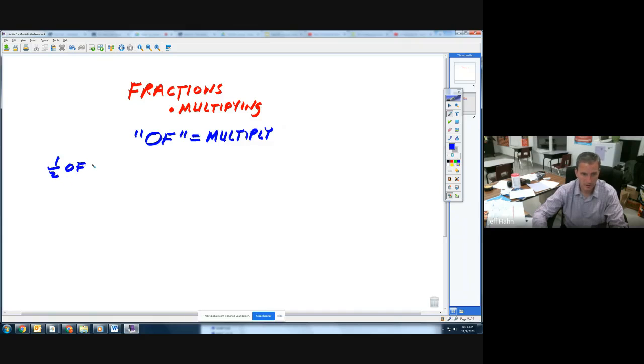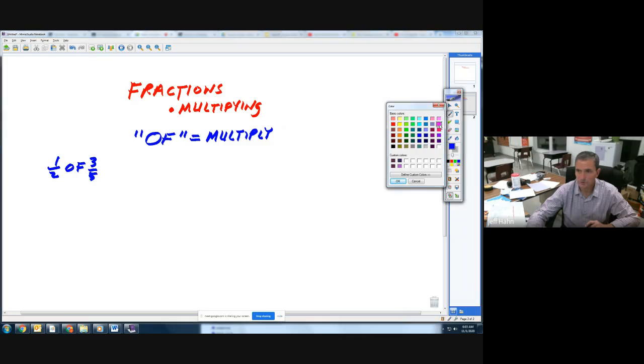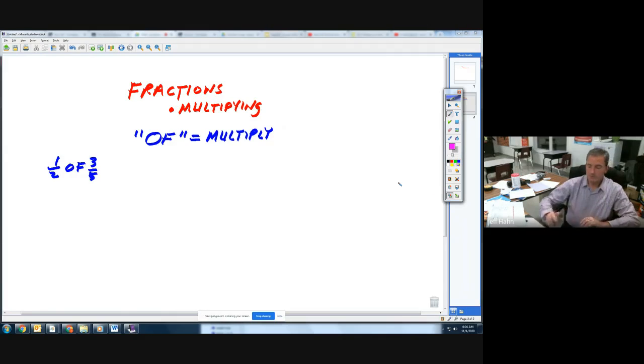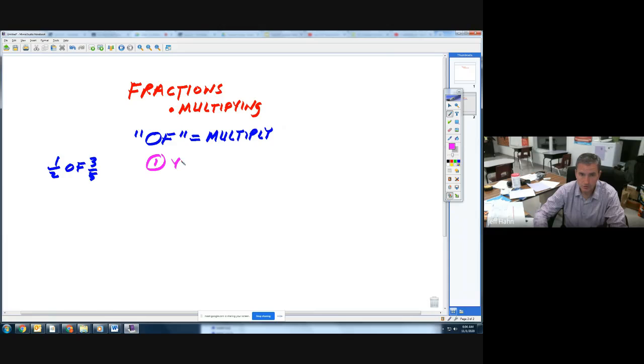Let's do 1/2 times 3/5. Now, the first thing I want to tell you is this. People also get this a little bit confused with adding and subtracting. Point number one here: you don't write them up and down.